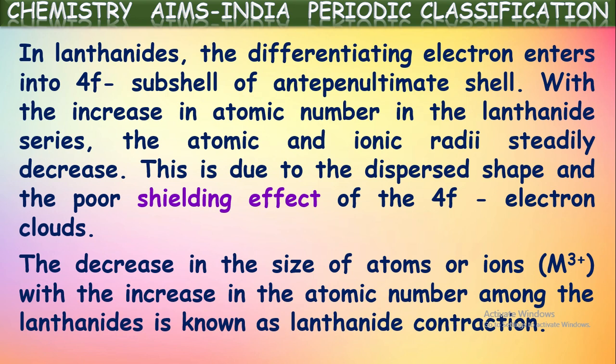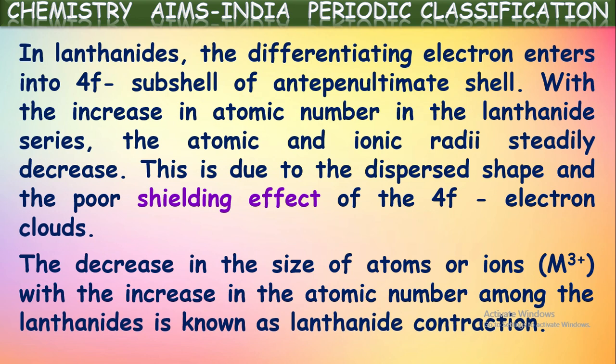And for this 4f, we know the shape is a dispersed shape or complex shape. Not only that, between these 4f electrons and nucleus, as there are many electrons, these electrons will shield these outer electrons from the nuclear force of attraction.